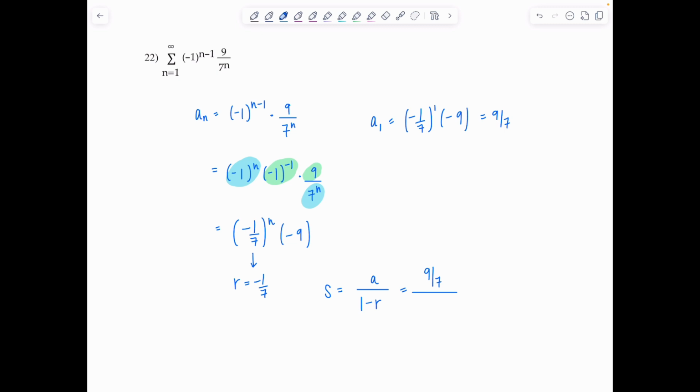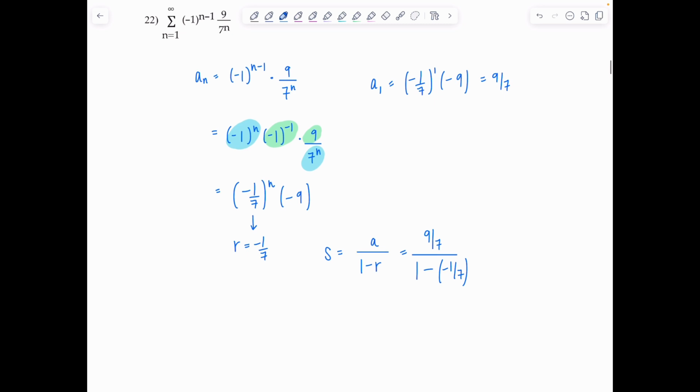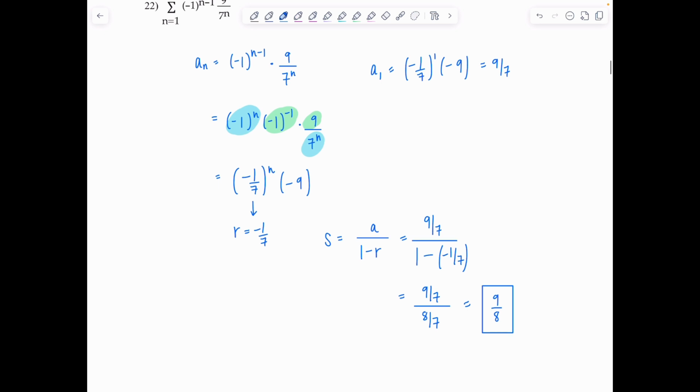That goes up top over 1 minus r, where r is -1/7 here. So this is 9 over 7 over 7 over 7 plus 1 over 7, 8 over 7. So the sum is 9 over 8. Good? So you just had to kind of rewrite that one so you could identify r more easily.